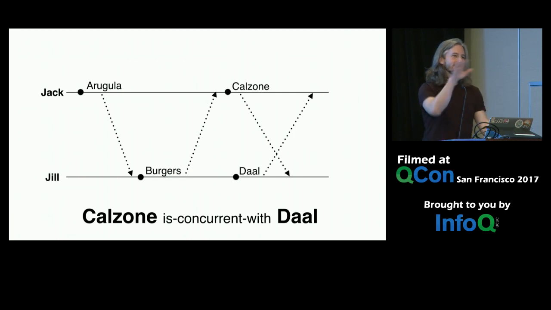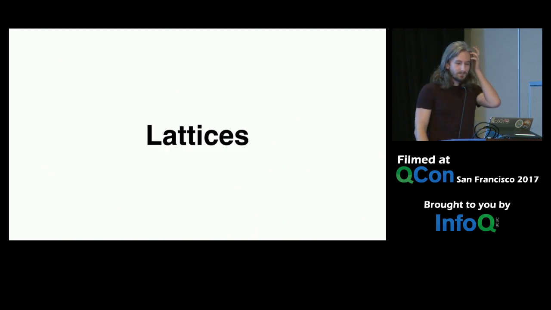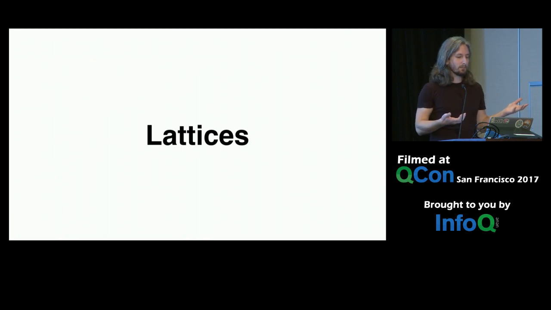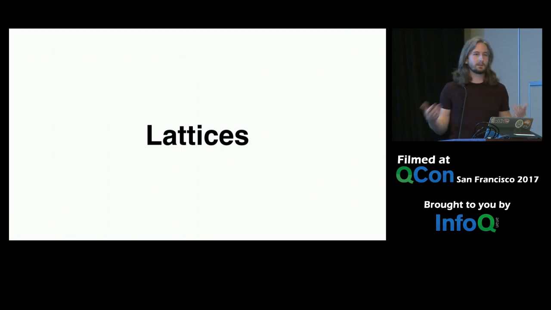Now that we have some basis for what we're talking about with causality, let's talk about something that's related. Let's talk about lattices. A lattice is a data structure, a mathematical concept of some kind. Specifically in this case, if you wanted to look this up later or read about it more, it's what's called a joined semilattice.